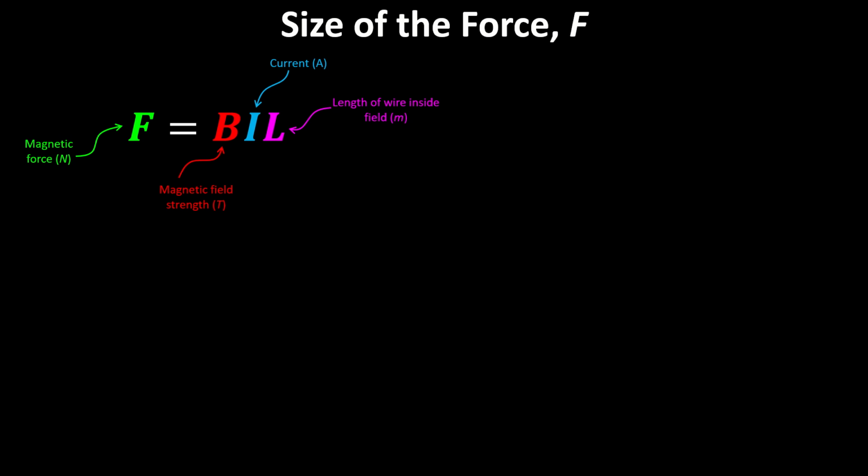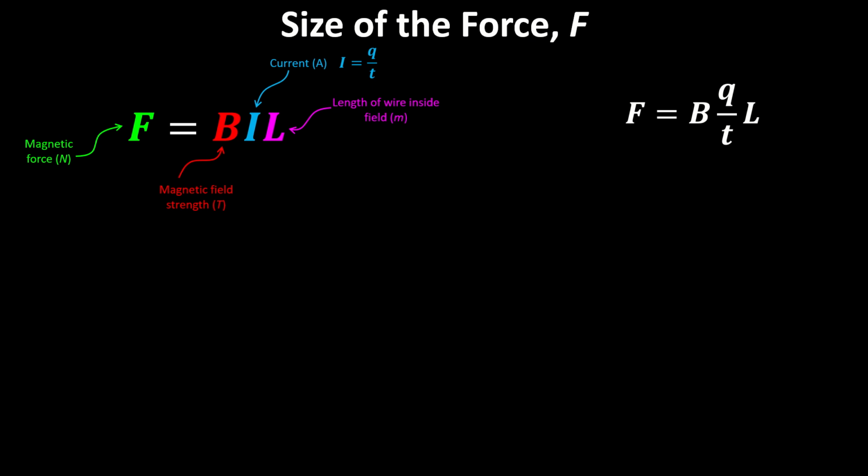Now, I'm just going to substitute and rearrange it slightly to make a version of this that works for charges. We can replace current with charge over time. That's the definition of current, how much charge flows past in a certain period of time. So I can replace the I in that formula with Q over T. So I've got B times Q over T times L.